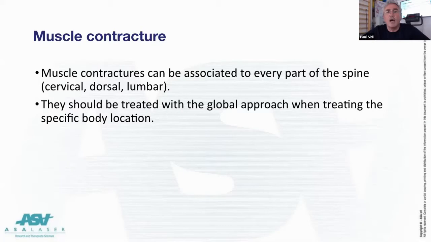So it will affect every part of the body, your neck, your thoracic spine, your lumbar spine, and these are things which we've got to look at. So this is why they say here, treat with the global approach when treating the body-specific location. Always think global. I've said this every time I've spoken to you with the laser.